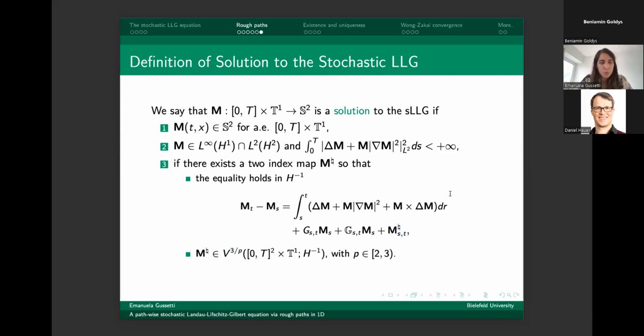So to conclude on this definition, this term, it's what makes the study of rough paths heavy. Okay, so this is the term where one has to work on quite a lot, let's say.